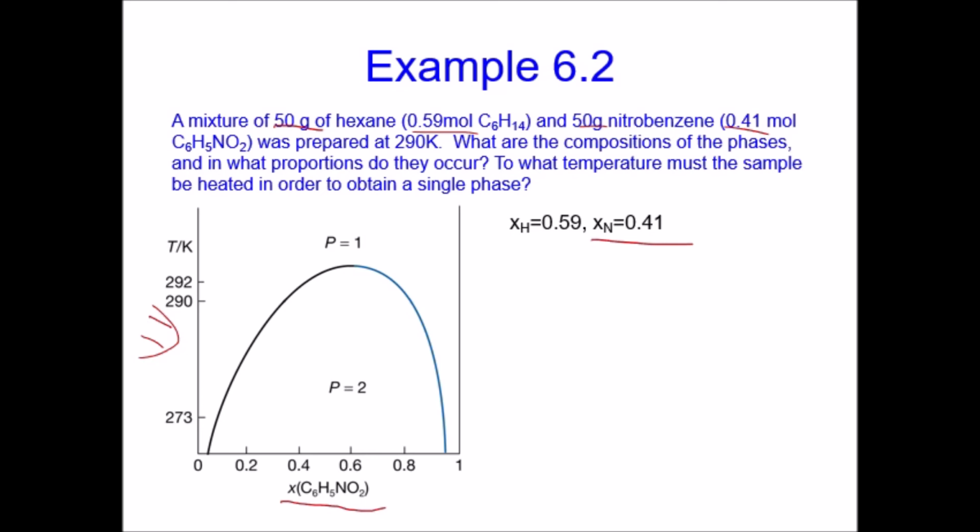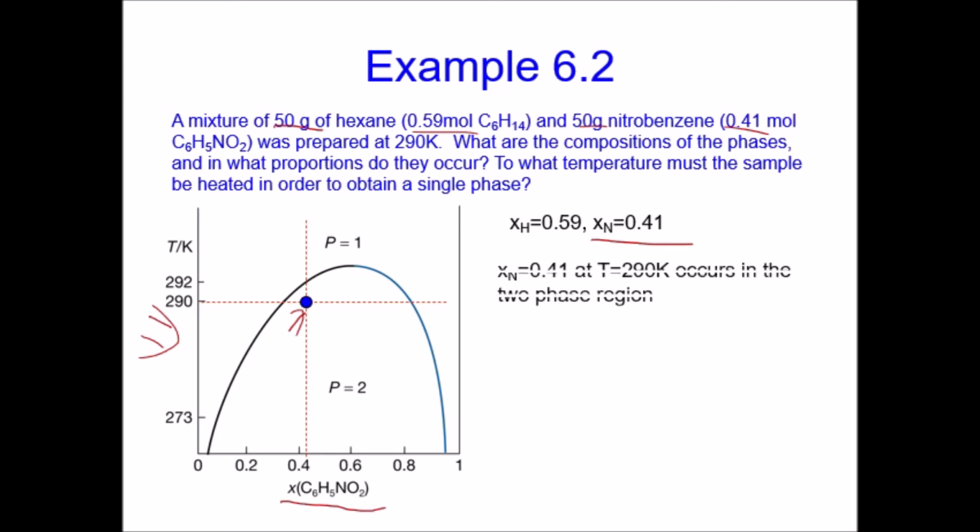And then you go to the phase diagram. So you find 0.41 and the temperature 290 Kelvin. Combined together, we find the initial point, which falls inside the curve. That indicates the system will separate into two phases.